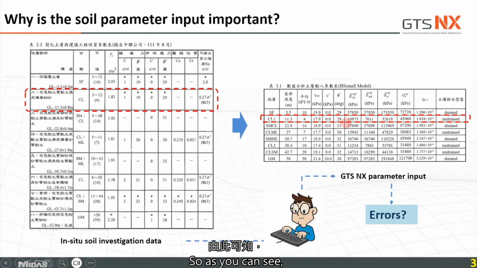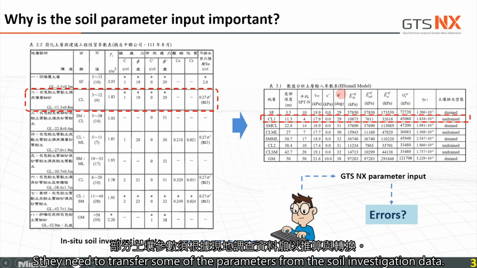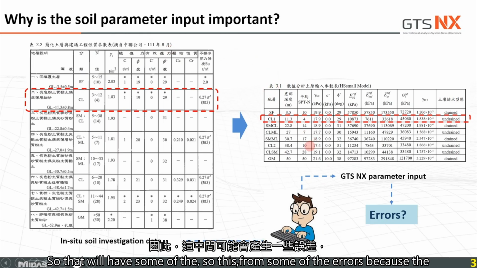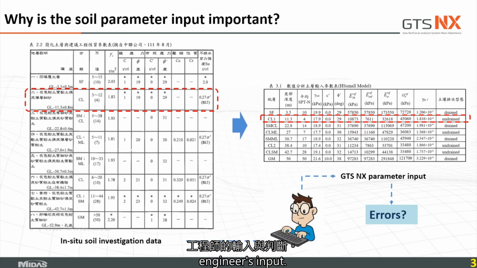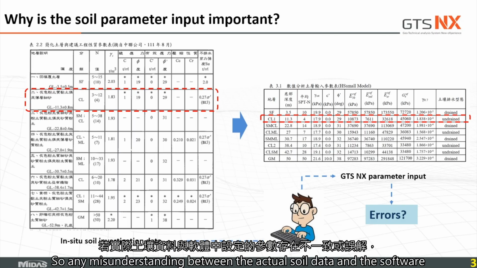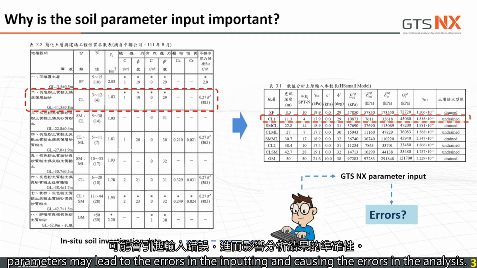They need to transfer some of the parameters from the soil investigation data, and that may introduce some errors, because the accuracy of the soil behavior estimation completely depends on the engineer's input. Any misunderstanding between the actual soil data and the software parameters may lead to errors in the inputting and cause errors in the analysis.